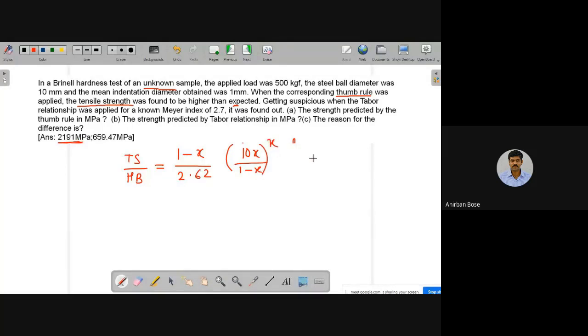This is the Tabor relationship, where x is equal to n minus 2, where n varies from 2 to 2.7, and this n is called the Meyer index. Okay, this is the Meyer index.